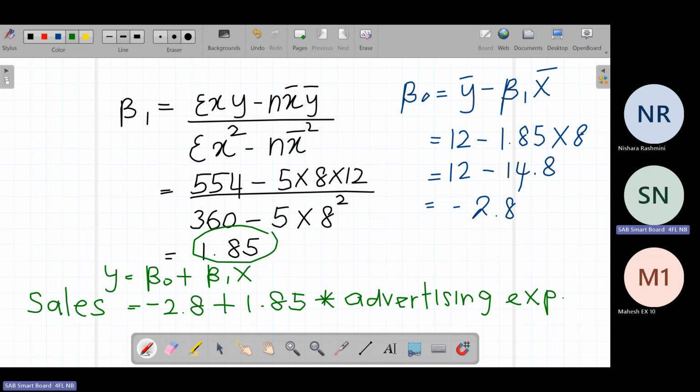Instead of advertising expenditure, we write 15, then plus 1.85, and here minus 2.8. Simplify this and you can get the expected sales. Using this regression model, we cannot get the actual sales, only the predicted value.